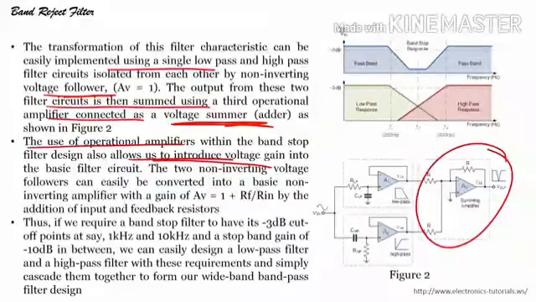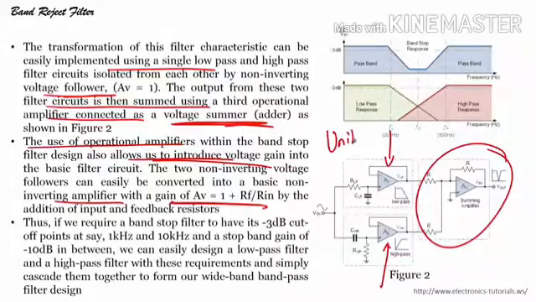The two non-inverting voltage followers can be easily converted into a basic non-inverting amplifier with a gain of AF equals to 1 plus RF by RI. So, you see this is the amplifier, this is the amplifier, it is nothing but a unity gain amplifier, right. This unity gain amplifier we can convert into a non-inverting amplifier, and we can introduce a voltage gain, correct.